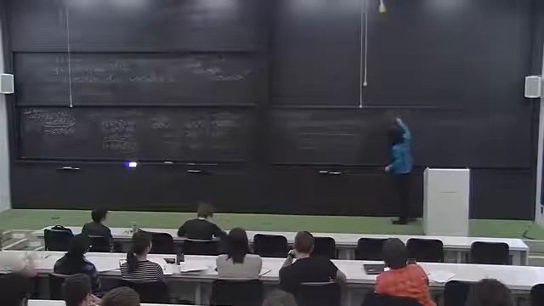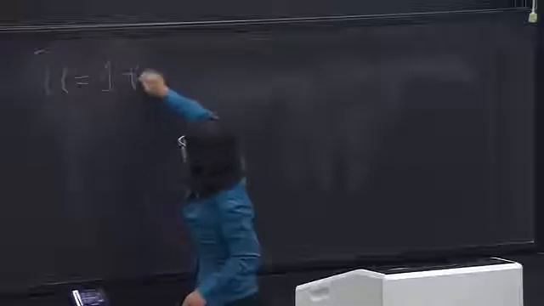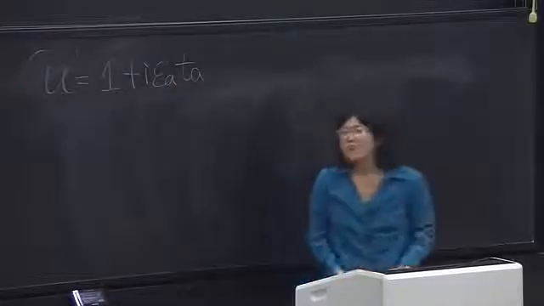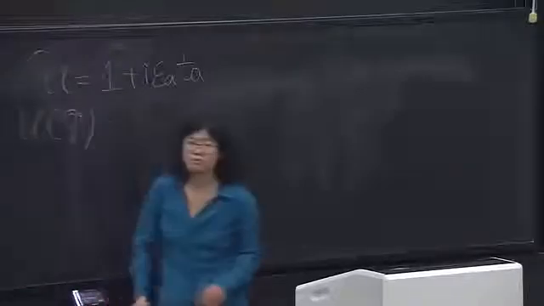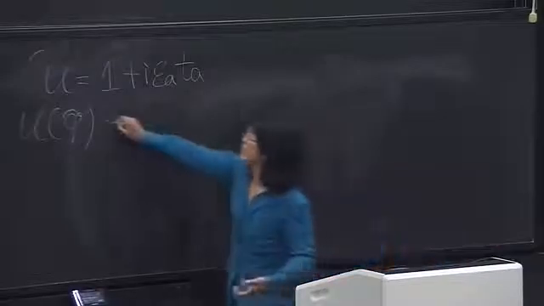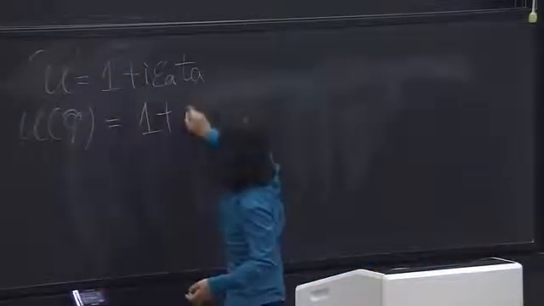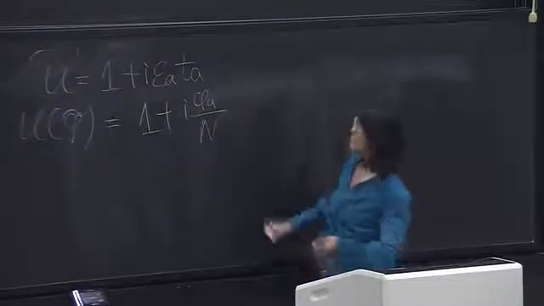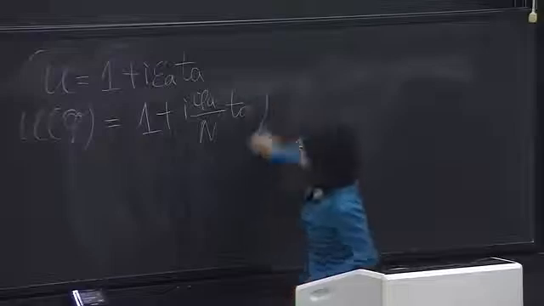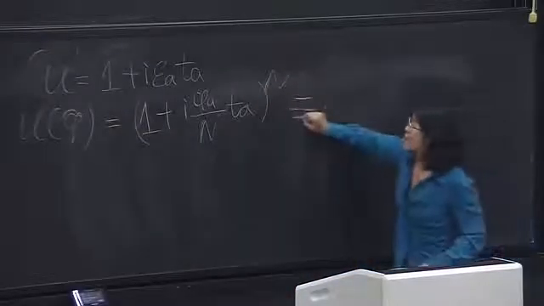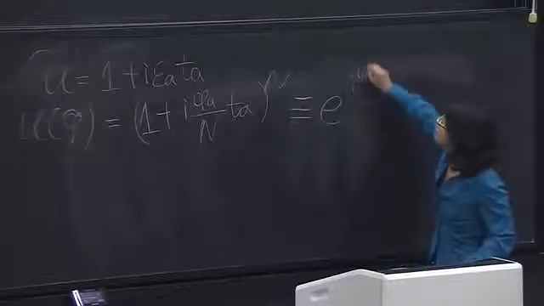Now I'm happy because I'm just going to expand to this order since it's good enough. Suppose now I'm interested in that phi tilde, which is in general not infinitesimal. What we're going to do is chop this into a big number of pieces such that each piece is infinitesimal, and then we do it n times. And this thing is what we define to be the exponential.